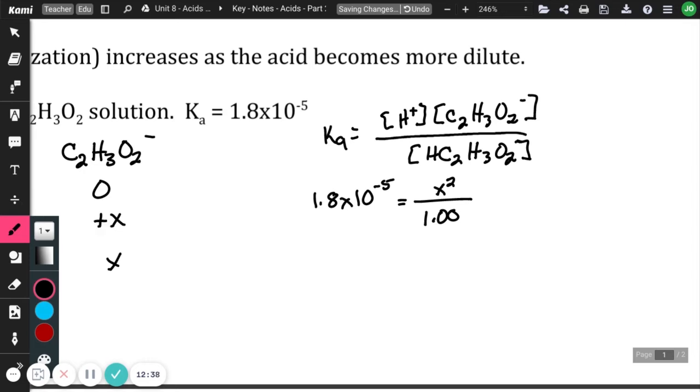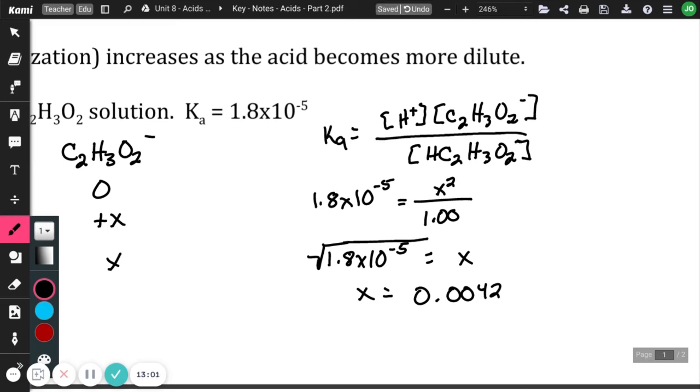So then I would work this out, take the square root of 1.8 times 10 to the negative 5, and I'll find that my X value equals 0.0042. So that would be my X value, that concentration there.